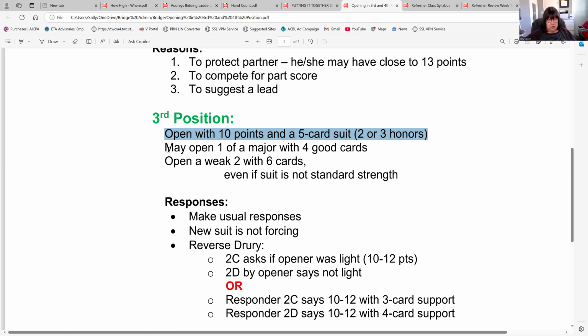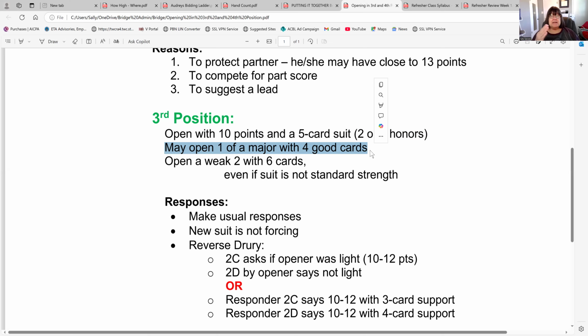It also tells you that you can open a major with 4 good cards. That's usually like the ace, king, queen, jack. You want to make sure it's good because if you open, partner expects you to have 5 cards and 13 points. So if you're going to open with just 10, you want to have a good suit. Or if you want to open in third position and you have an opening hand, we always prefer to open a major suit if we can.